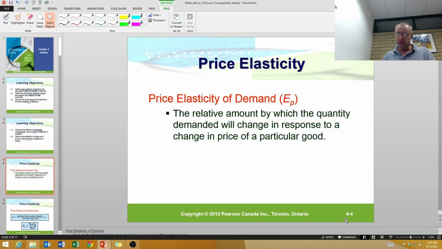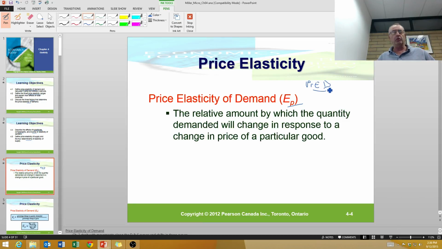Okay, so off we go to price elasticity of demand, and the book uses a notation EP. Personally, sometimes I just change stuff. The way I write it, I call it price elasticity of demand. I just changed the notation a little bit to make it easier for me to remember what the symbols mean.